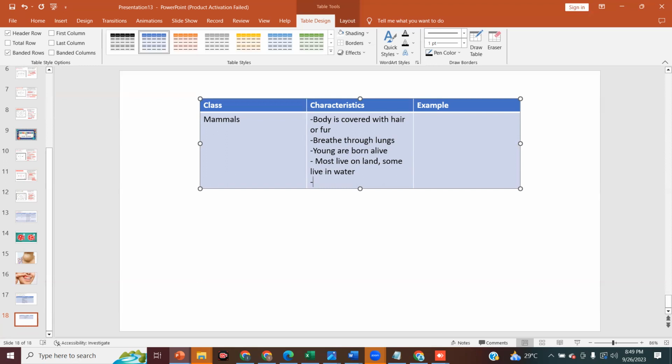And warm-blooded. They are warm-blooded or cold-blooded? Warm-blooded. All right. What does that mean? That means that their body temperature doesn't change, 98.6 or 96.